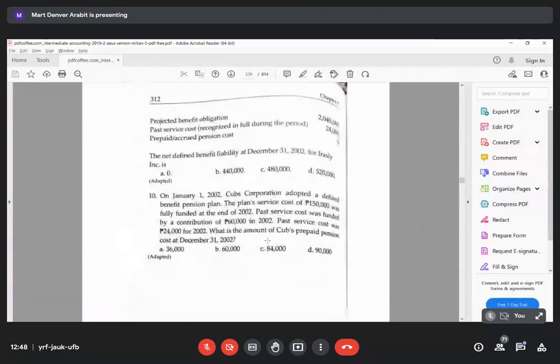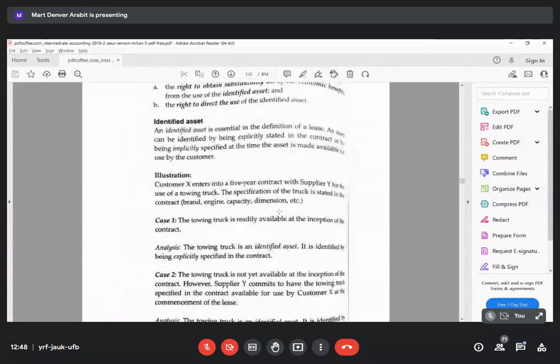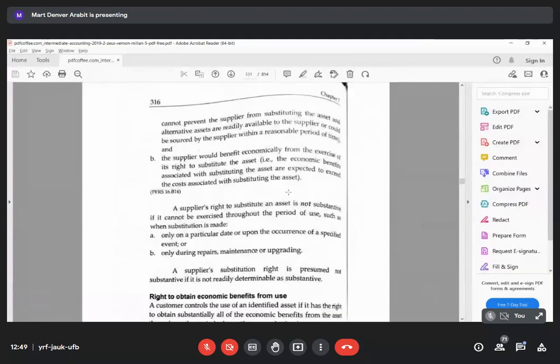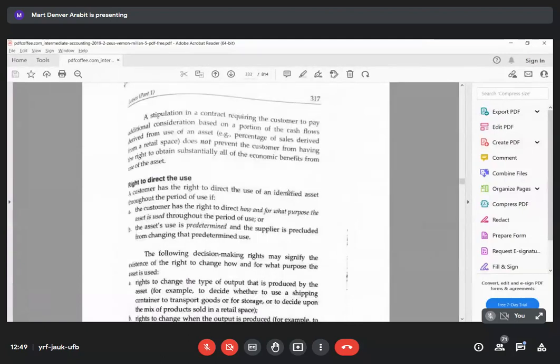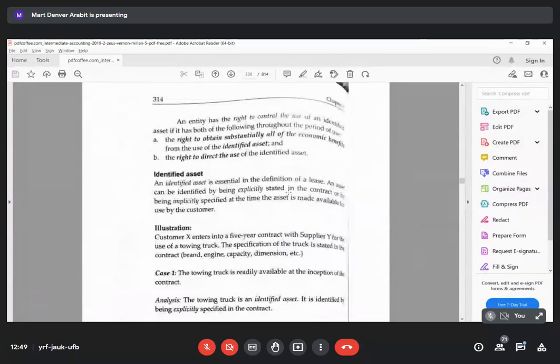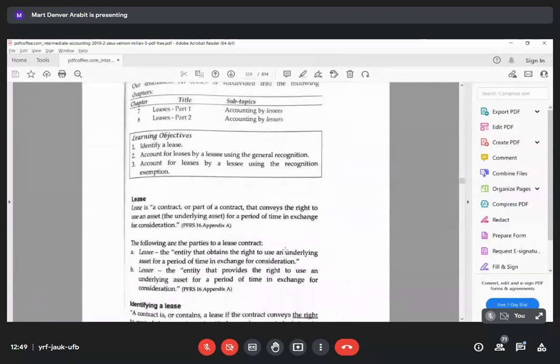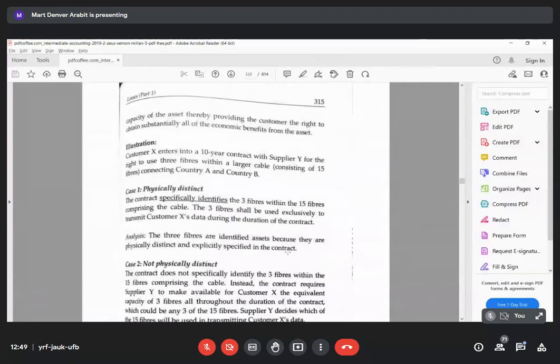Ano ba yung una? So, dapat for it to be considered as part of the lease payments, ano ba yun? Ito.